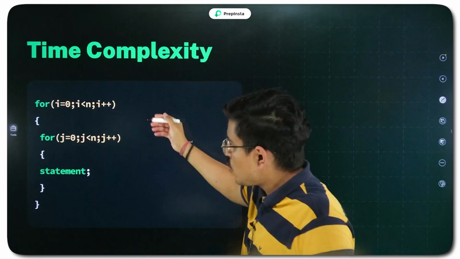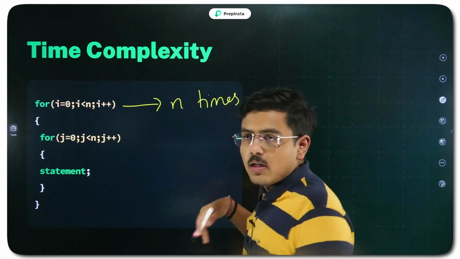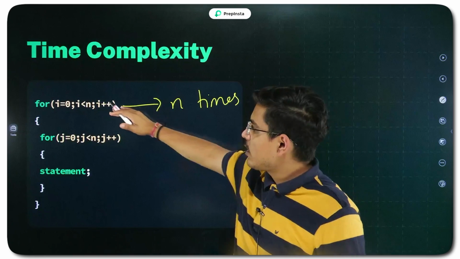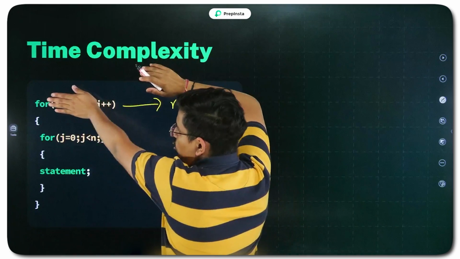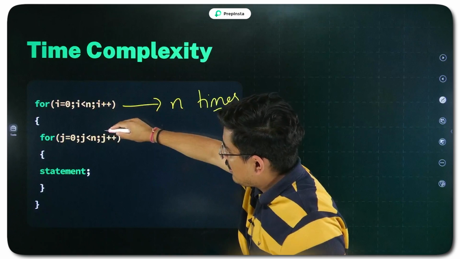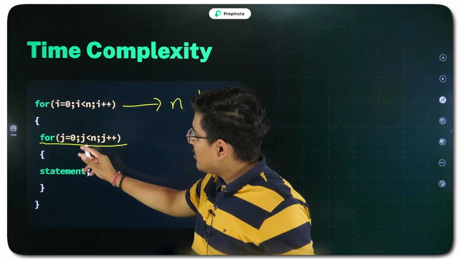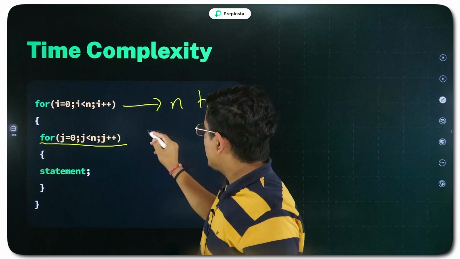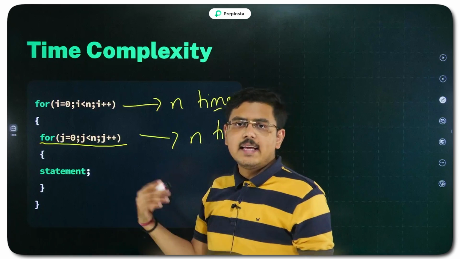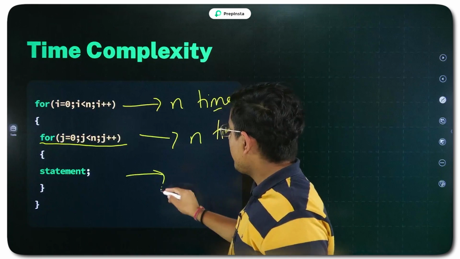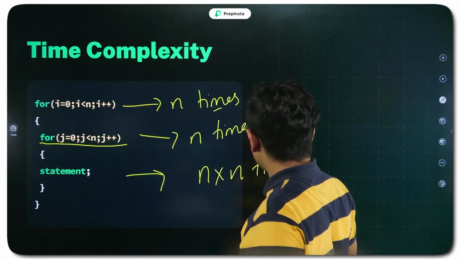I just told you this loop will work for n times, since in the last loop we can easily see this would run for n times. Clear? If you just forget this loop for once and see this loop, things are the same, just that in place of i there is j. So this also will work for n times in a similar fashion, and hence this statement will run n into n times.